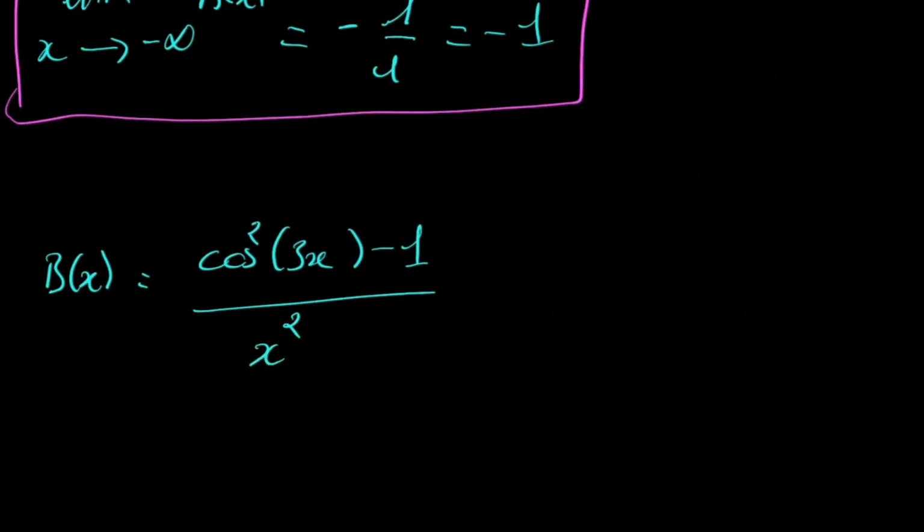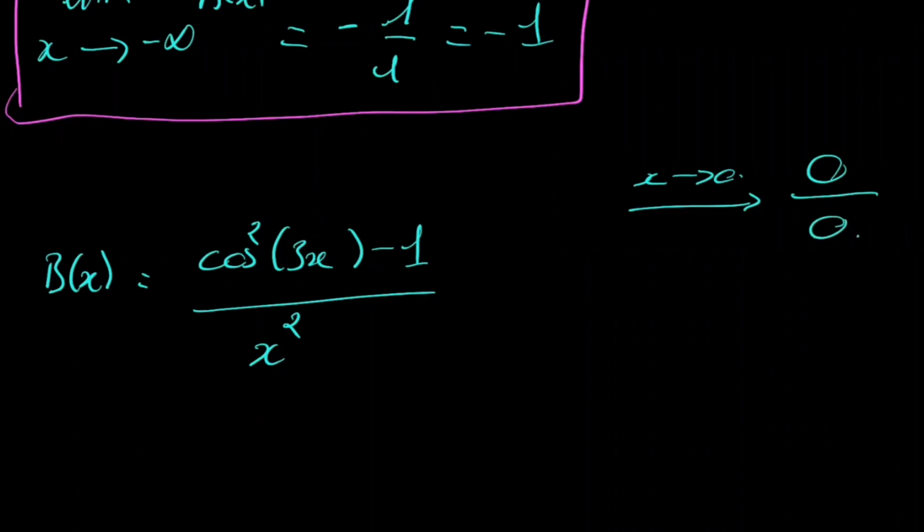So we are looking for the limit when x tends to 0. When x tends to 0, cosinus tends to 1, so we will have 1 minus 1, 0 over 0. This is an undefined form as well, of the form 0 over 0.